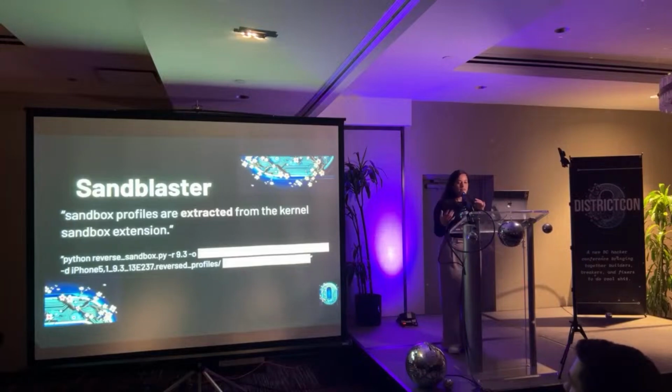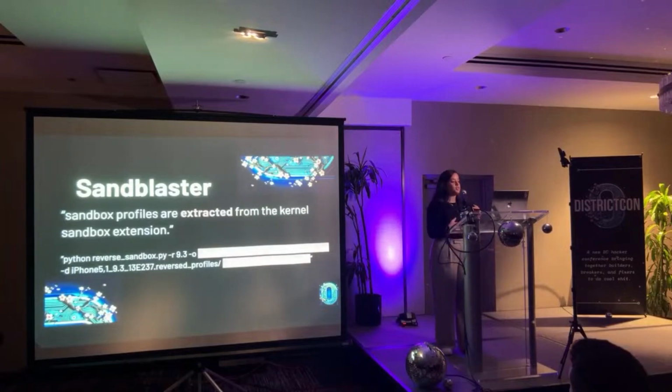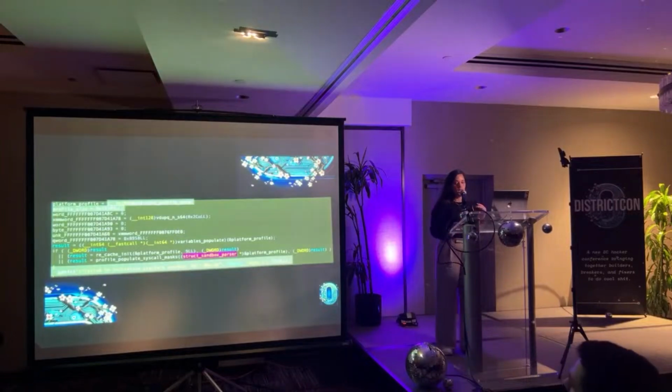So the profiles that I need to parse reside in the kernel sandbox extension, and they are in a binary format. They get referenced from a function called hook policy init, which is a function that initializes the profiles. If we look at a part of this function, we can see a panic string that says failed to initialize platform profile.